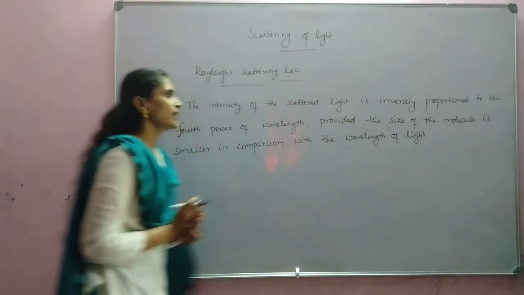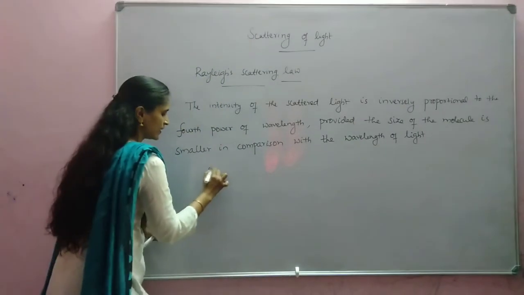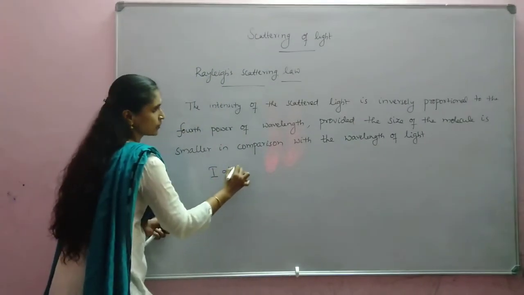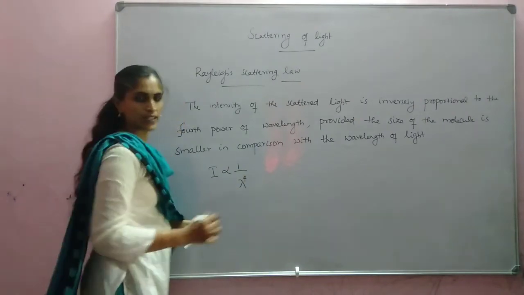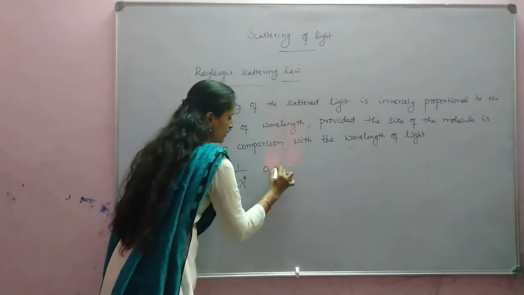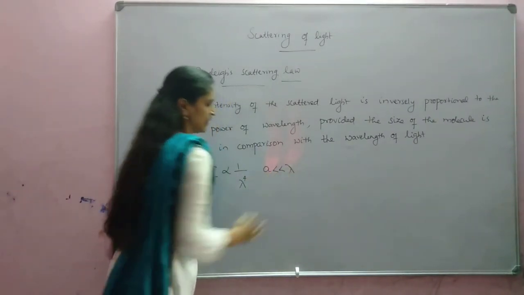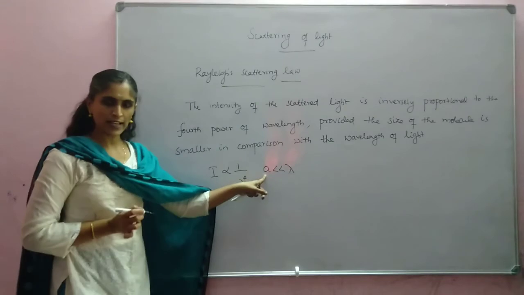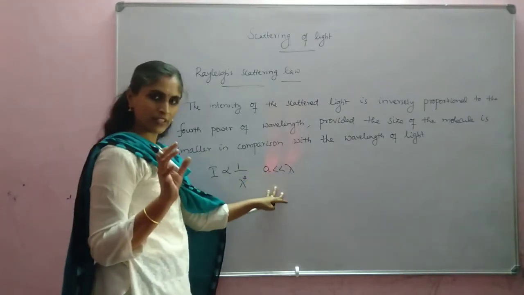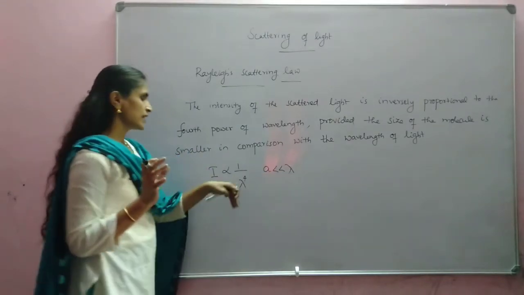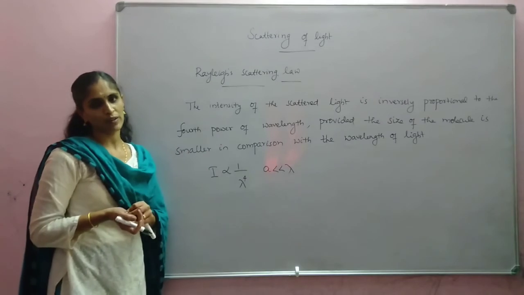So mathematically we can write intensity is inversely proportional to fourth power of wavelength. What is the condition? a should be much less than wavelength, where a is the size of the molecule. If size of the molecule is smaller in comparison with the wavelength, intensity is inversely proportional to fourth power of wavelength.